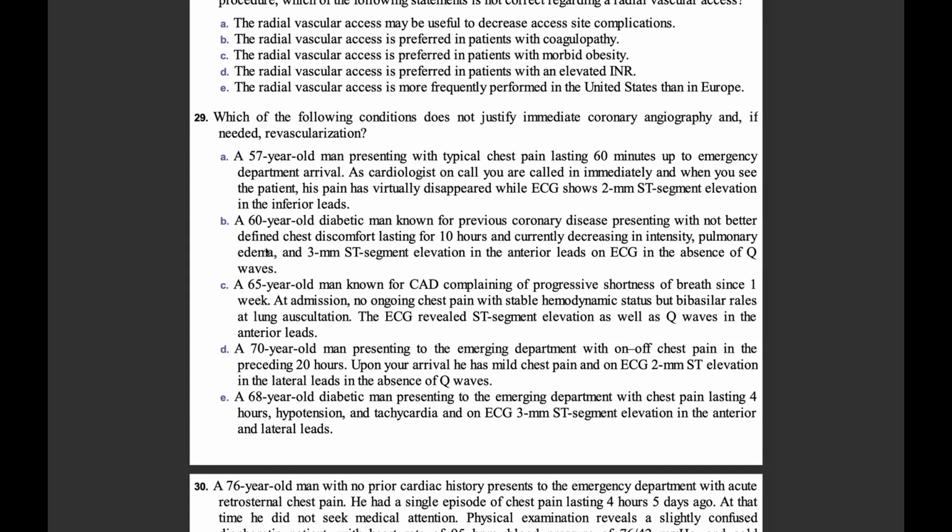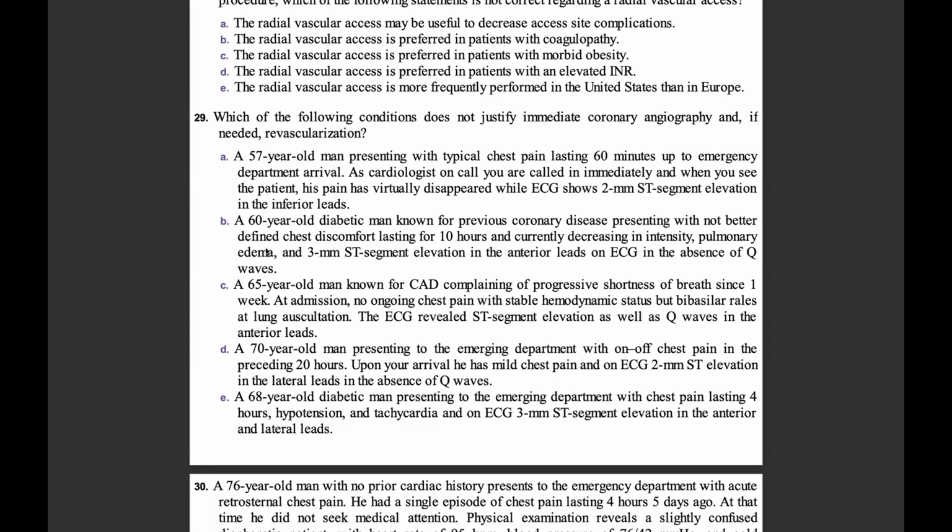In this just recent 2025 guideline, indications for primary PCI include, one, patients with ST segment elevation MI presenting less than 24 hours after symptom onset.